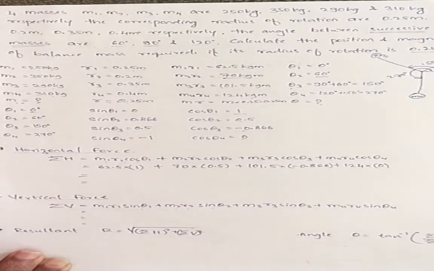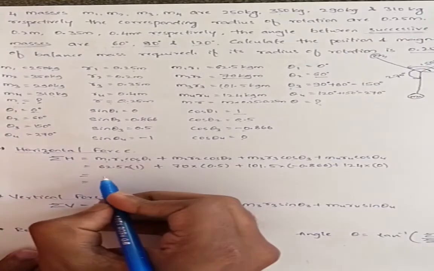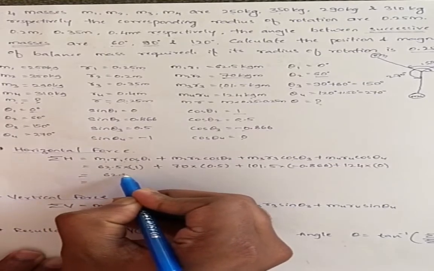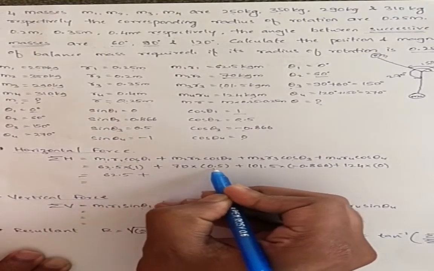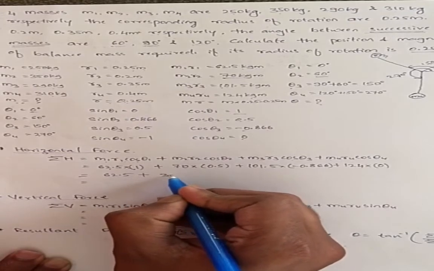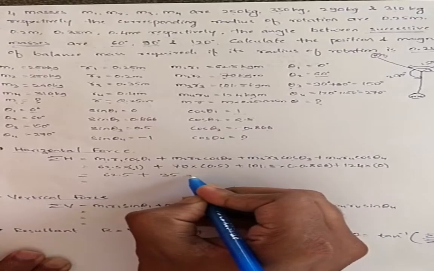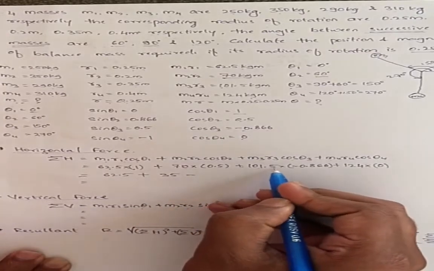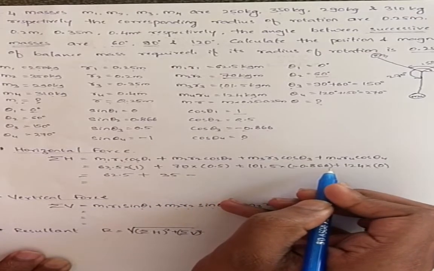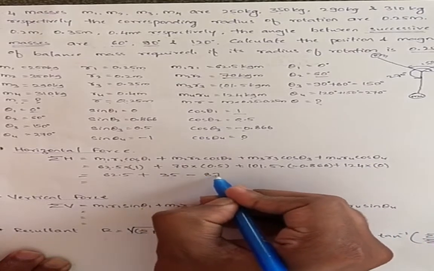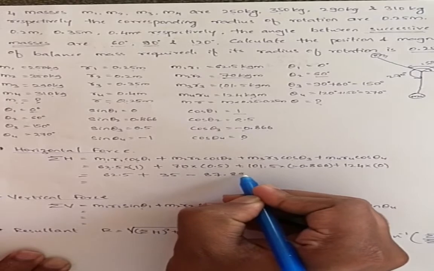When you calculate these values, 62.5 into 1 is 62.5, plus 70 into 0.5 is 35. Then, minus into plus will be minus, 101.5 into 0.866, which you will get as 87.899.